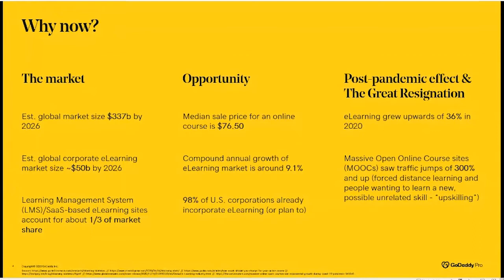During the pandemic, we were seeing a lot of people wanting to homeschool, or a lot of people having to find at-home alternatives to the learning solutions that they were used to. And that hasn't gone away. So with e-learning growing upwards of 36% in 2020, I don't have a number of what it's currently at, but a lot of people are continuing to want to stay home, because then they can learn at their own pace online.